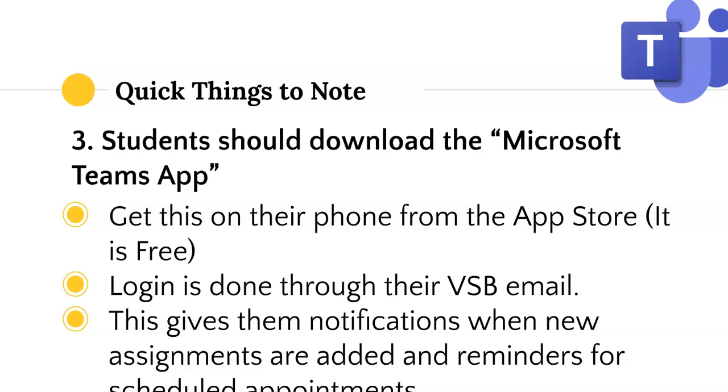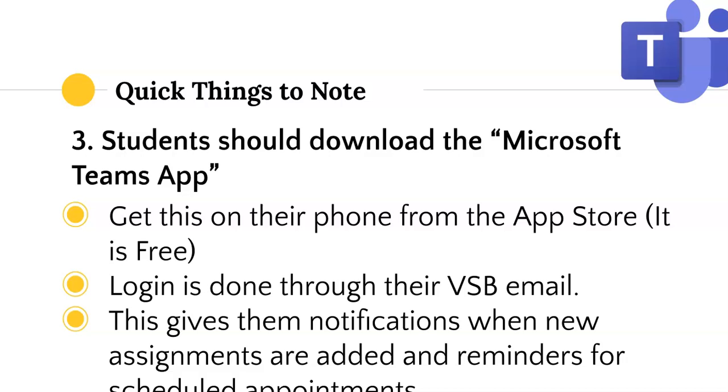They log in with their VSB email, just like anything else. Instead of signing in and checking Teams again and again, especially if many people are sharing the same device, this will give them notifications when a teacher posts a new message, a new assignment, or reminders for scheduled appointments, such as meetings or check-ins. So it's just one way to get them informed faster.